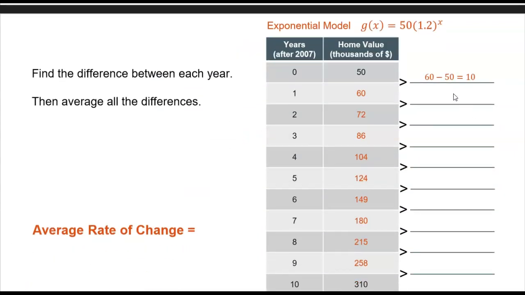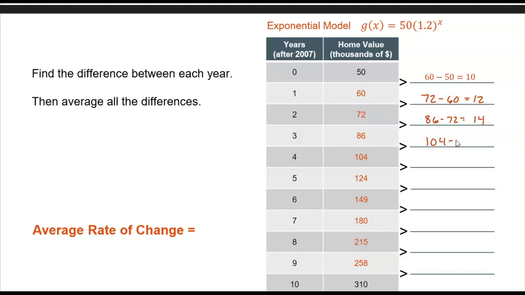So we're going to do the same process here. We're looking at the difference between each step, but now it's going to be changing, right? Because it's exponential. So we have 60 minus 50 is 10. 72 minus 60 will be 12. 86 minus 72 is 14. We might see a pattern here, but let's be really careful because we know exponentials grow.